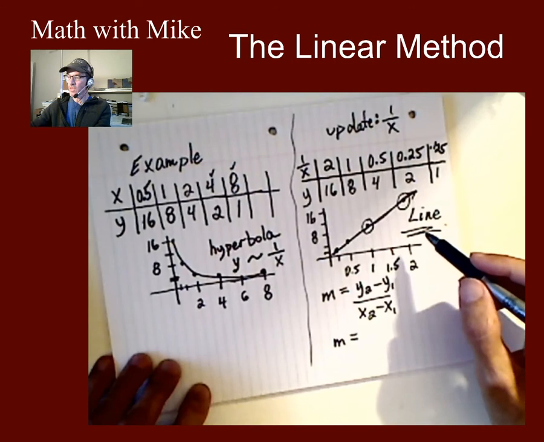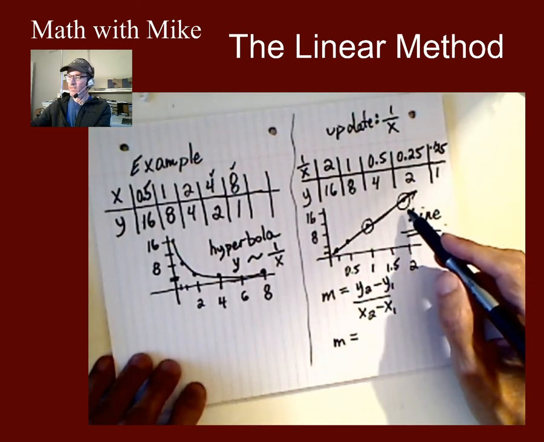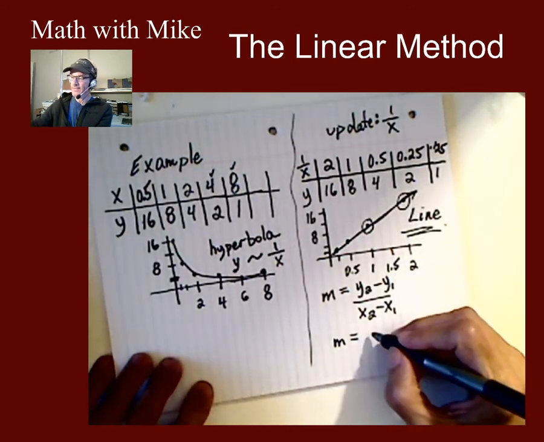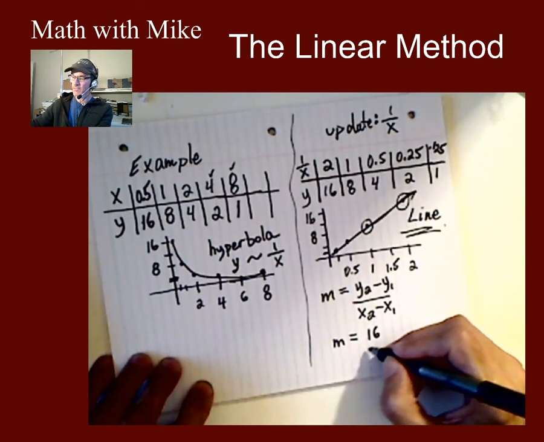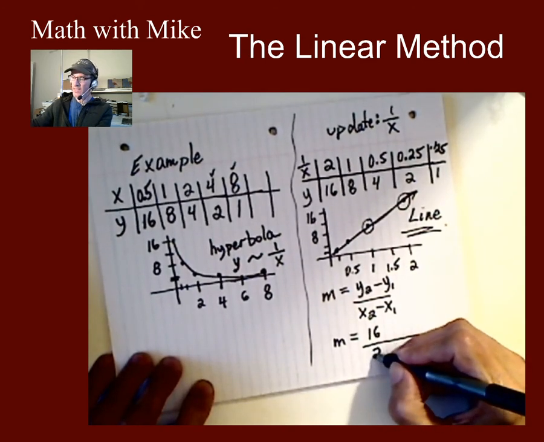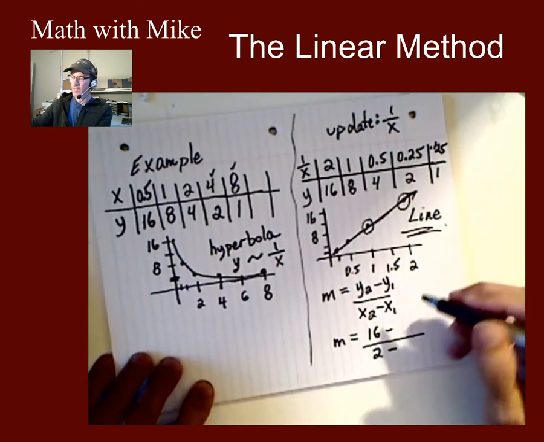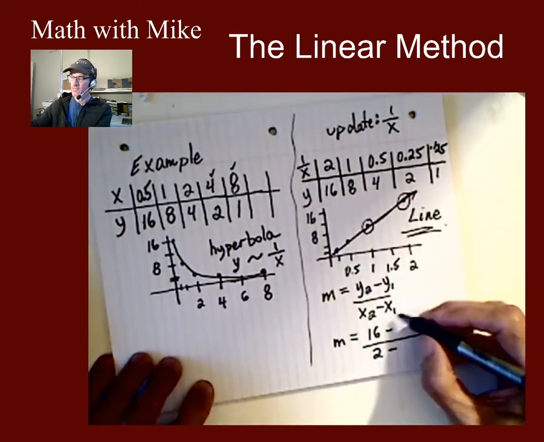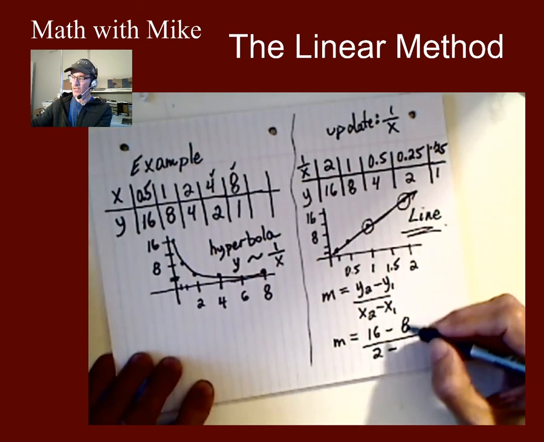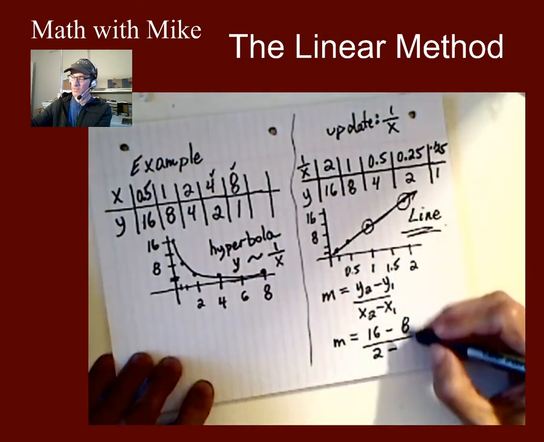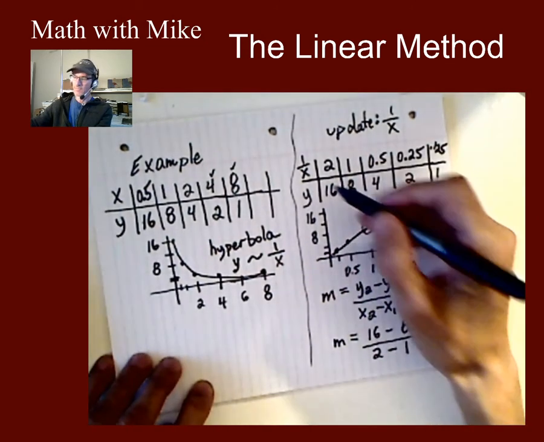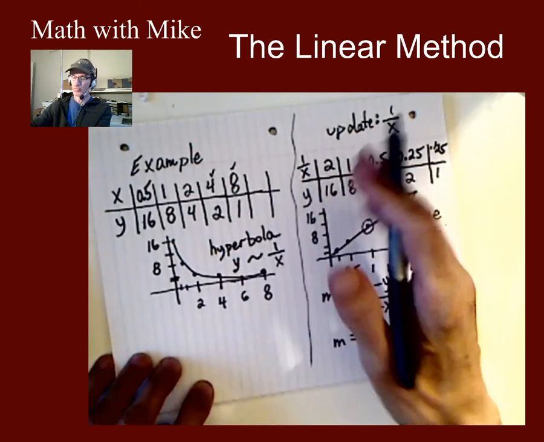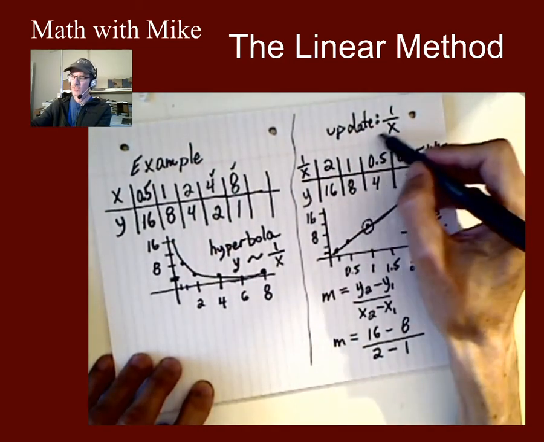So for the y value here, we have 16. And its x value is 2. And this y value here is 8. And the x value there is 1. Remember, it looks like 1 over x, but just the new x.